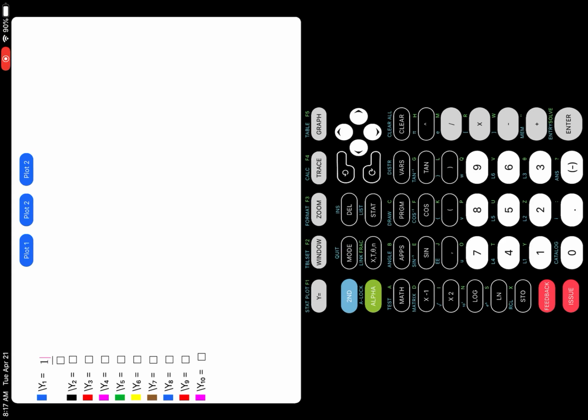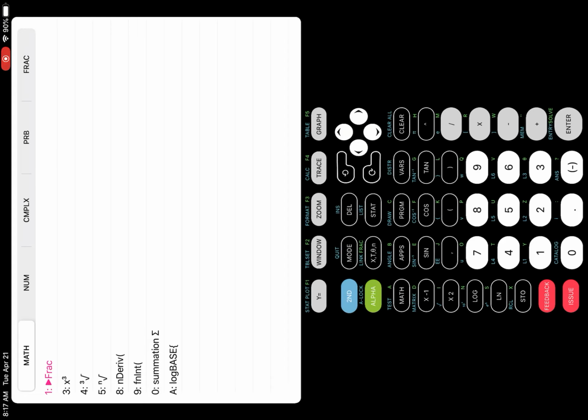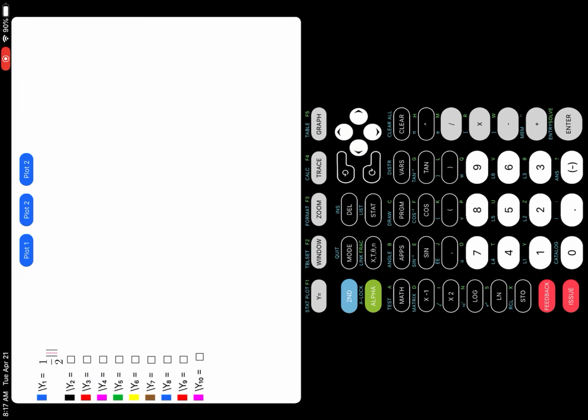So we're going to do 1/2 over. You're going to hit math, which is just underneath the alpha. At the very top where it says math, number, complex, PRB, and fraction, you want to hit number. And number 1 is our absolute. So that's how you get the symbol for absolute.